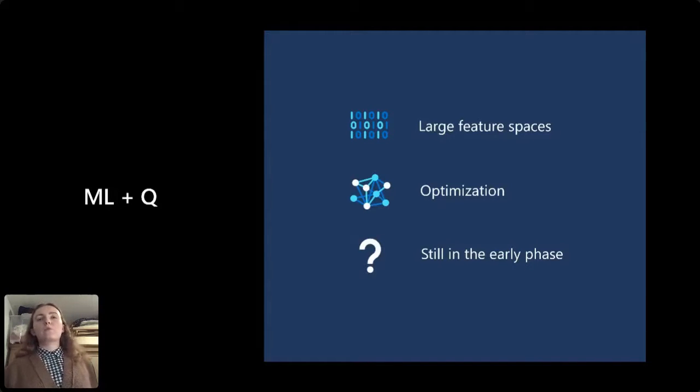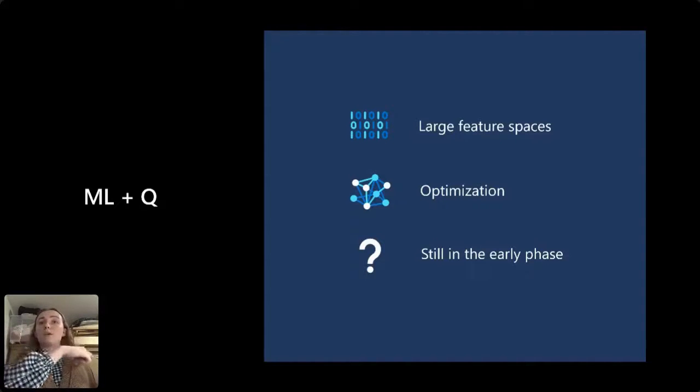One thing is when we have large feature spaces, then we can use it, because I'm not going to go through the whole proof here, but when we have a number of features, we need logarithm of that number of qubits to input those features in, which is logarithmic.